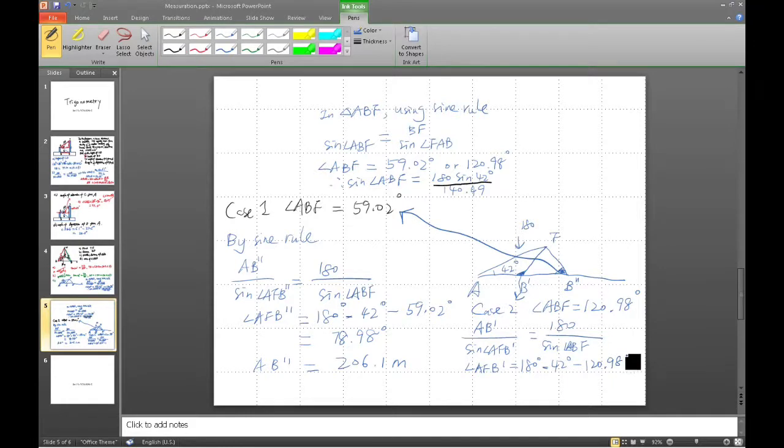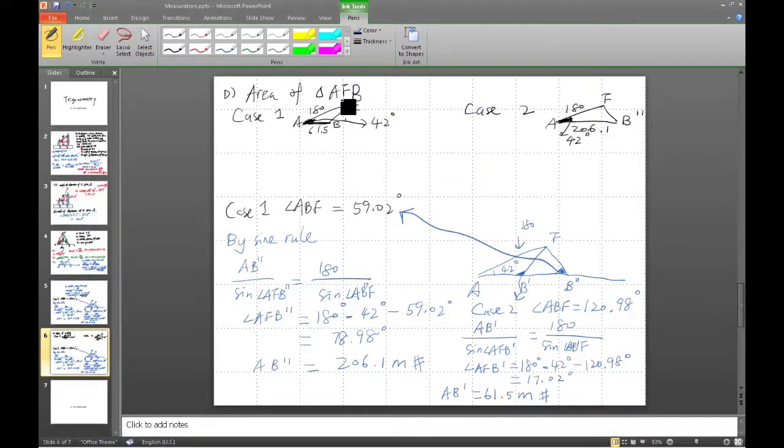So let's punch the calculator, we get angle AFB prime equals to 17.02 degrees. Therefore, we can sub in this value into the above sine rule equation. And therefore, AB prime equals to 61.5 meters. So we have found AB prime prime 206.1 meters and AB prime 61.5 meters.